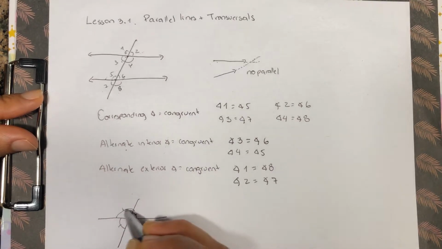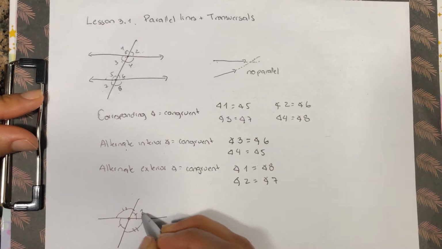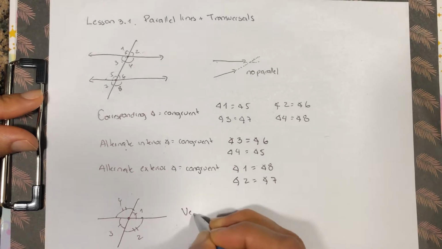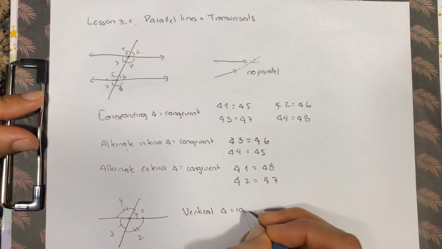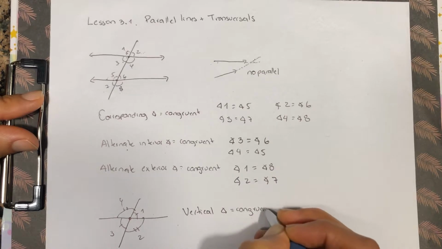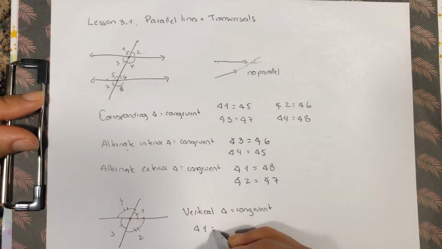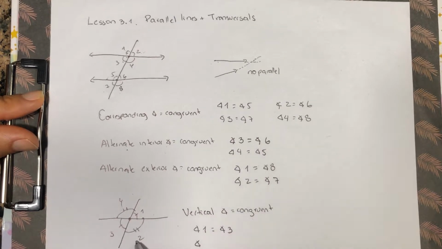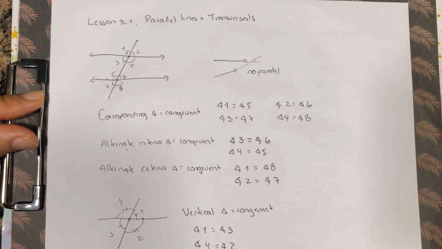And this angle is vertical to this angle, and therefore these two are the same. 1, 2, 3, 4. So vertical angles are congruent, meaning they are the same. Angle 1 is the same as angle 3, and angle 4 is the same as angle 2.